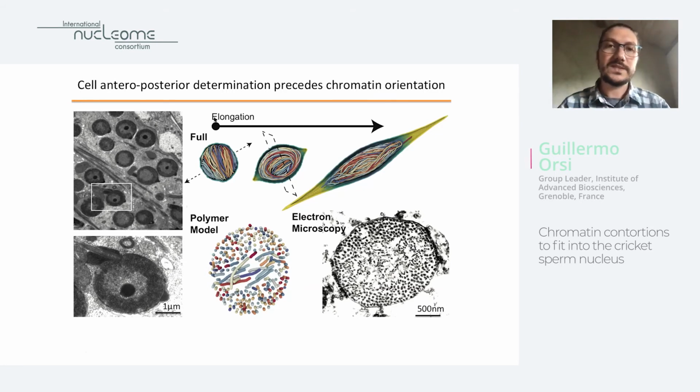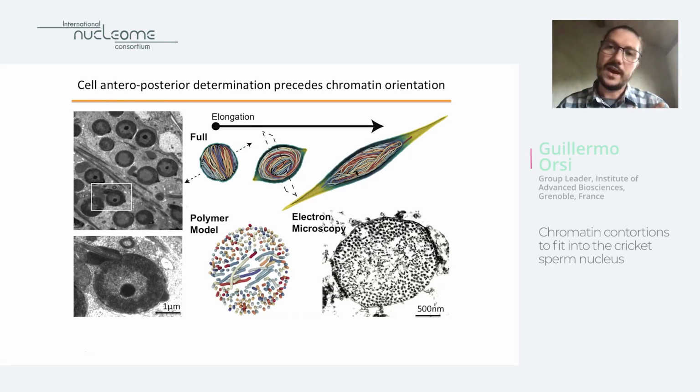And so Maxime did other simulations where he forced the elongation of this cell. I don't actually show you the video because it goes so fast, but in this simulation, even when the chromatin orientation starts at the worst possible orientation, which is perpendicular to the elongation axis, the chromatin will very quickly become oriented in the right direction and become this filament of coil.